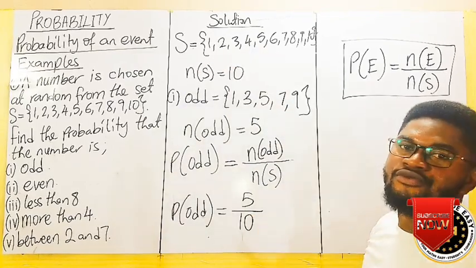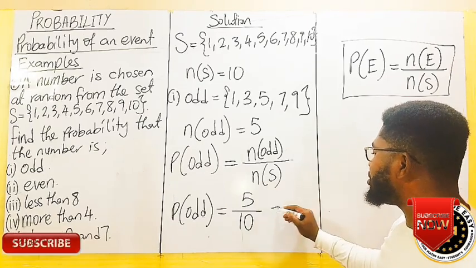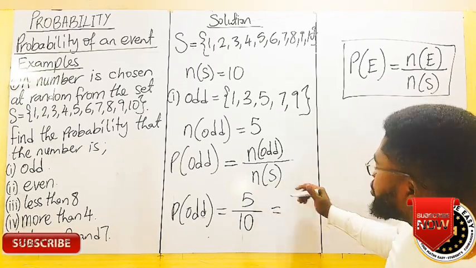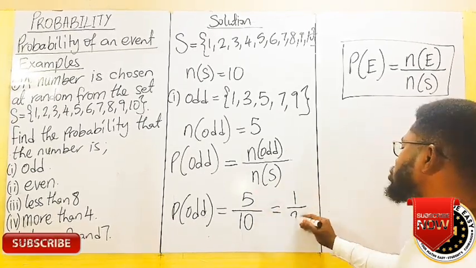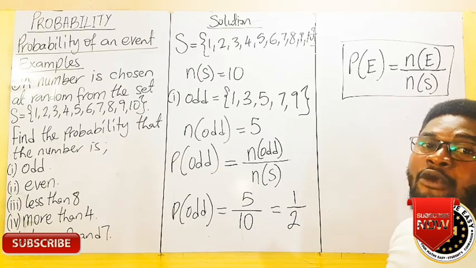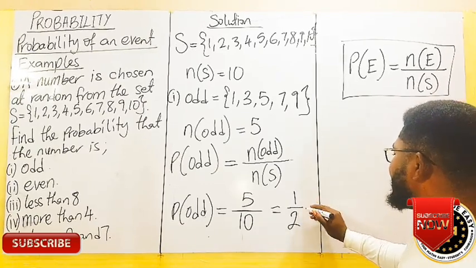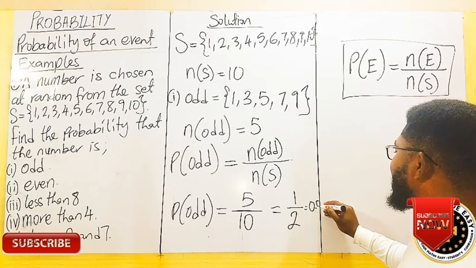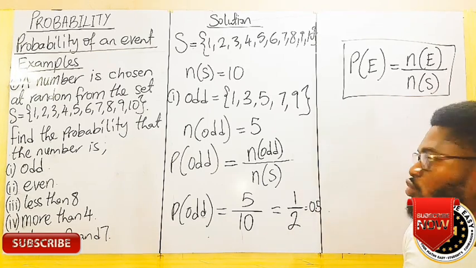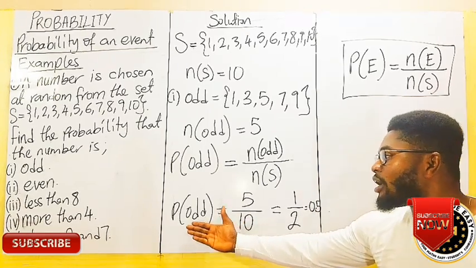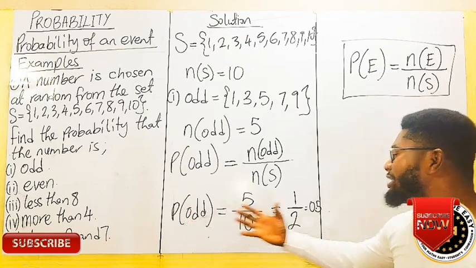You can choose to reduce it. By further reduction, 5 over 10, 5 goes into 5 once and into 10 twice, giving us 1 over 2, which is 0.5. So in conclusion, the probability of odd is 0.5.